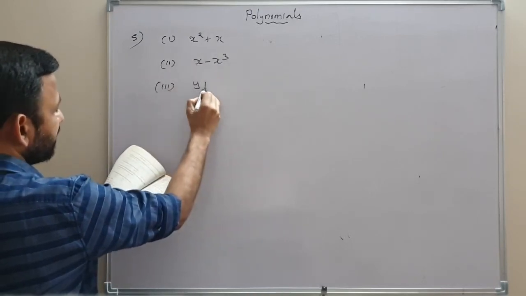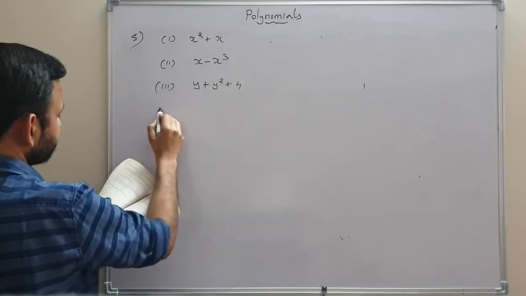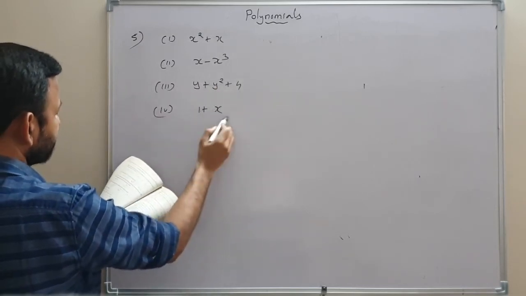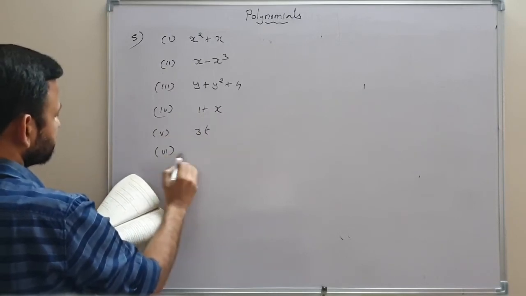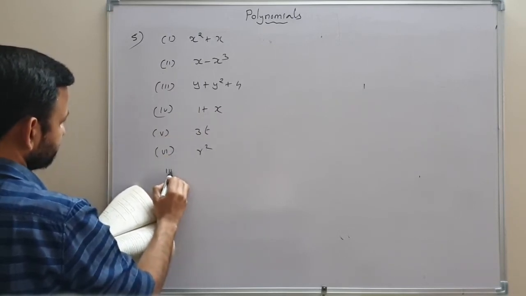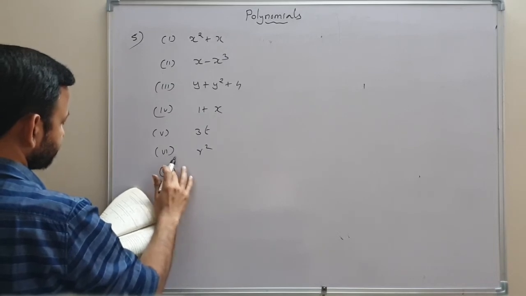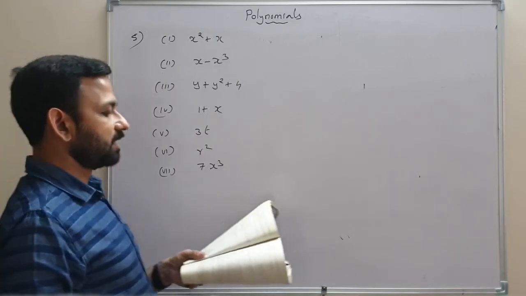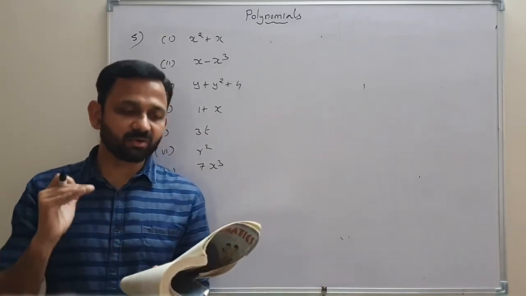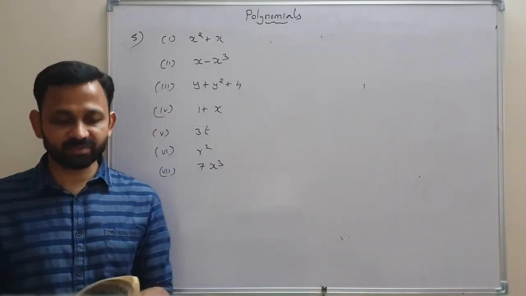Third, y plus y square plus 4. Fourth, 1 plus x. Fifth, 3t. Sixth, r square. Seventh, 7x cube. So here we classify the following as linear, quadratic and cubic polynomials.